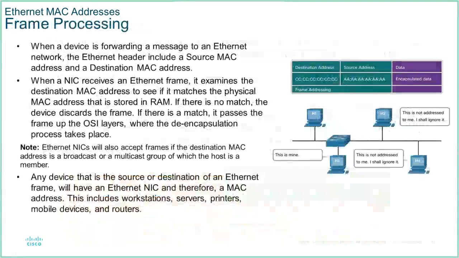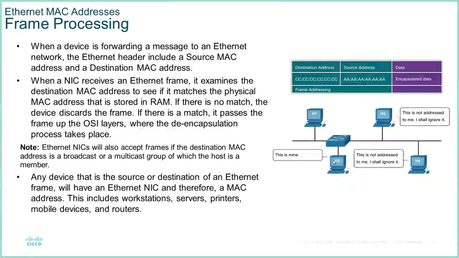Frame processing, pretty much as we just went through that, so I won't spend a great deal of time here. The way it works is the frame is placed on the cable and every device sees it, and it looks at the destination address. In this example, H2 looks at it, CCCC is not my address, so I ignore the rest of the frame.